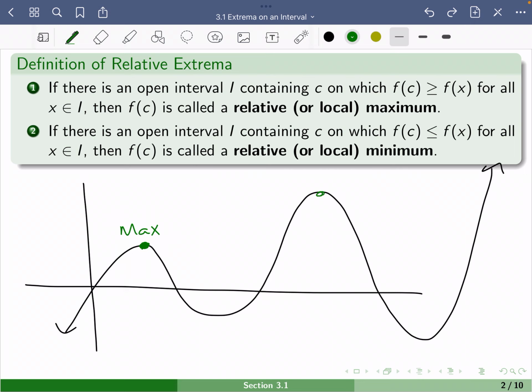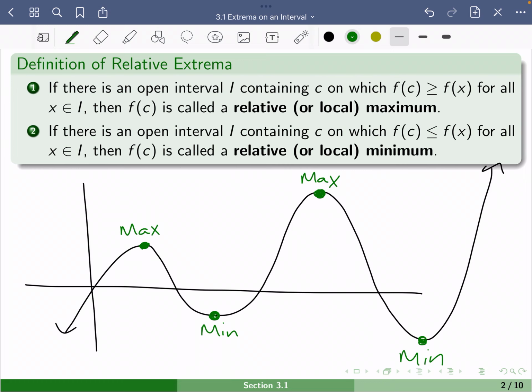You also have another relative maximum up here, relative to the other values around it. We have two relative minimums in this graph as well. There's a relative minimum here, and there's also a relative minimum here. So that's what we mean by relative max and relative min.